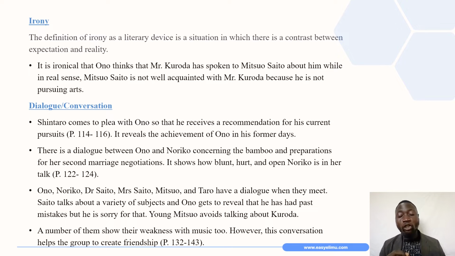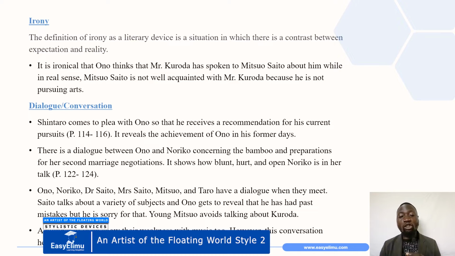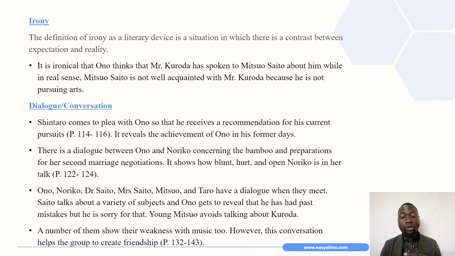So talking about irony, the definition of irony as a literary device is a situation in which there is a contrast between expectation and reality. So in the episode, it is ironical that Ono thinks that Mr. Kuroda has spoken to Mitsuo Saito about him, while in real sense, Mitsuo Saito is not well acquainted with Mr. Kuroda because he is not pursuing arts.